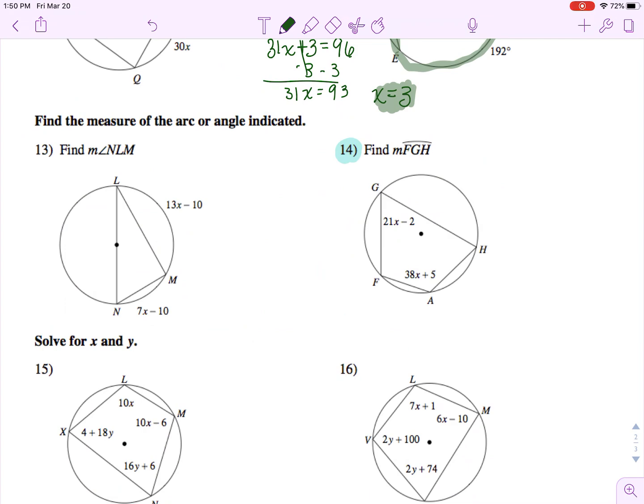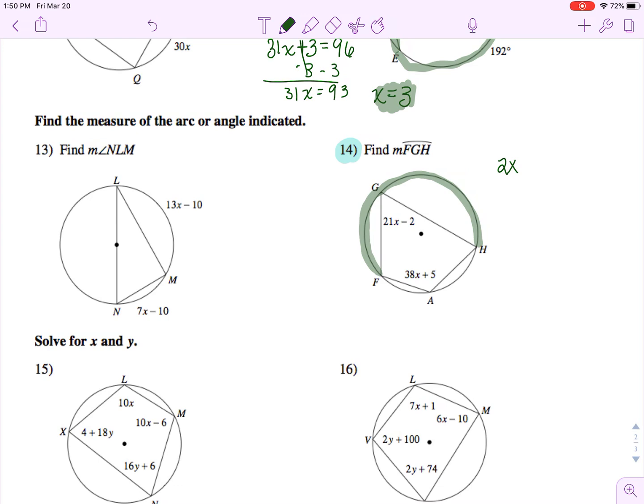All right, then let's do our last one, number 14. We want to find the measure of arc FGH. In order to do that, though, we need to find x. Notice that we have a quadrilateral that is inscribed in a circle. What do we know about opposite angles in the quadrilateral inscribed in a circle?